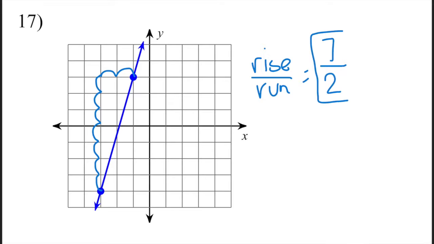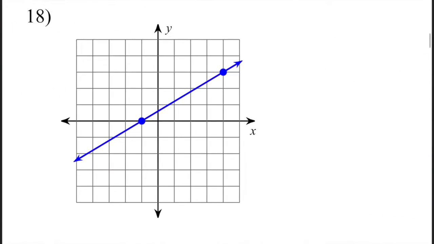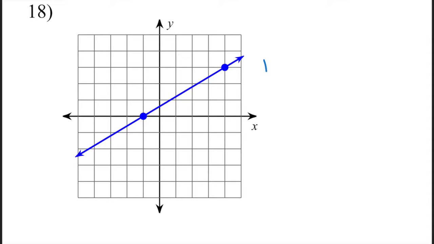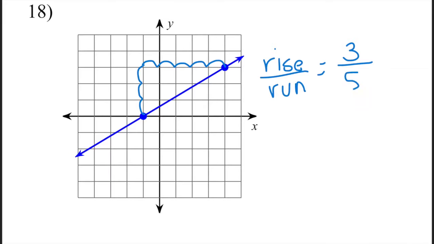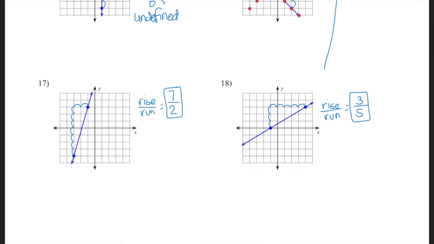That is our slope. And then finally number 18. Starting at the bottom point, 1, 2, 3, and 1, 2, 3, 4, 5. There we go, 3/5.